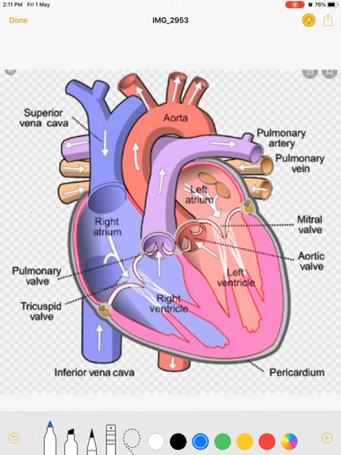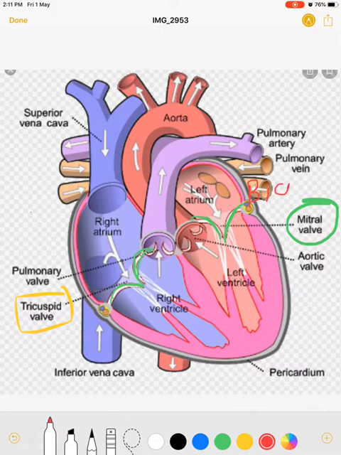Now come to the second division, that is, see, these are the valves. You can see the naming: mitral valve on the left portion of the heart and tricuspid valve on the right portion of the heart. On the left portion there is written mitral valve, which is also known as bicuspid valve.